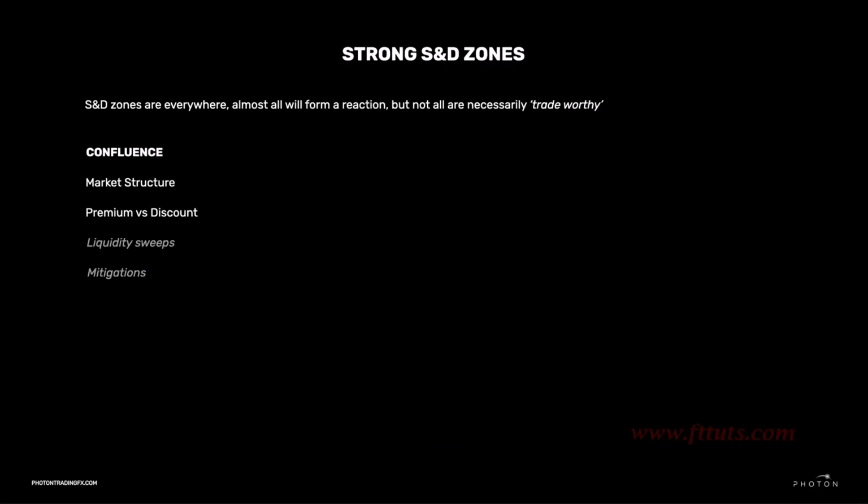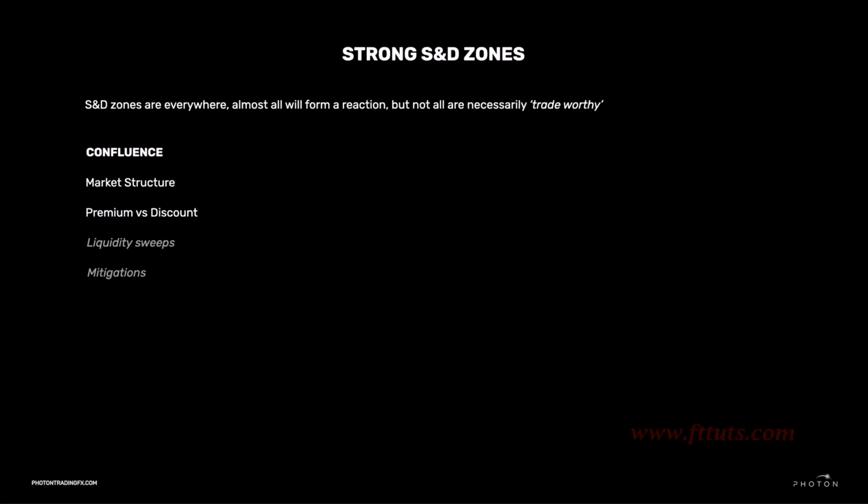Now, supply and demand zones are literally everywhere. Almost all of them will give some form of a reaction, but not all are necessarily one in which we want to risk our capital on and take a trade from. So of course we build a portfolio of complements and evidence for each trade to increase the probability, not only for the zone to hold, but also how far that reaction from the zone will actually be likely to move.